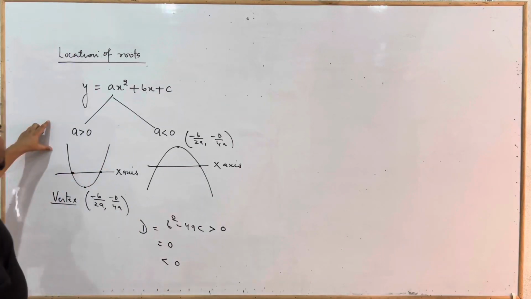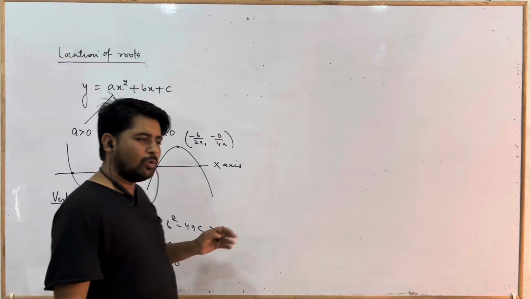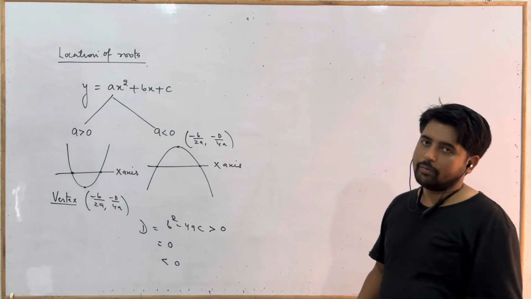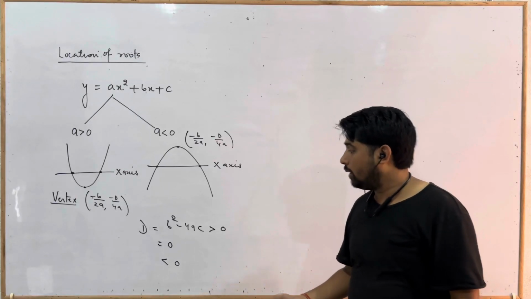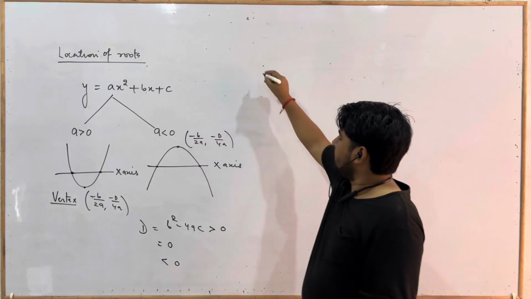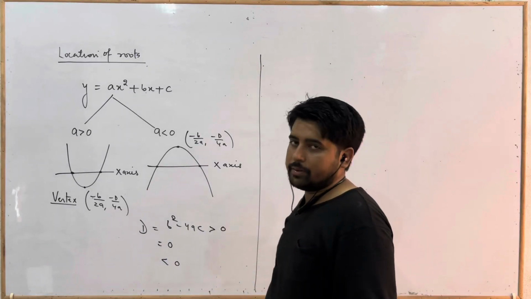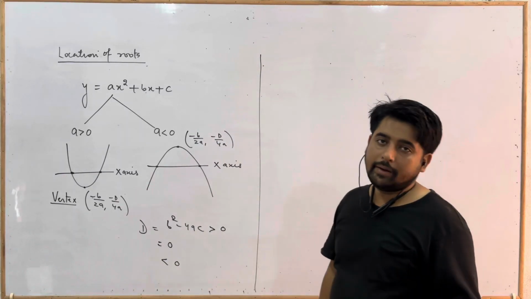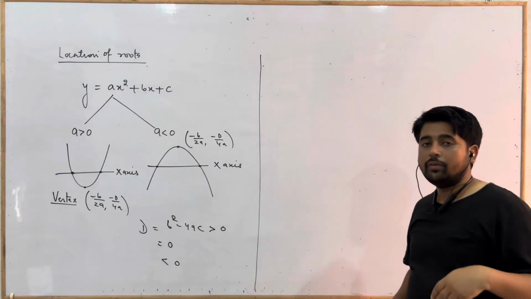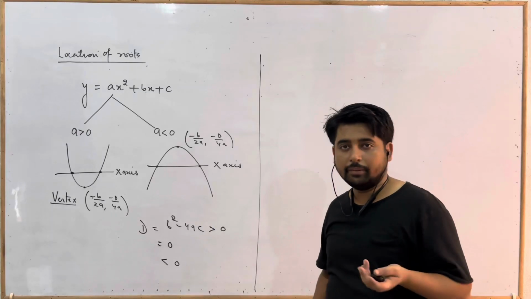So we have to have knowledge about two things: first, how to plot the basic graph, what is the case of upward parabola, what is the case of downward parabola, and how is the behavior of d. From the different cases, we are going to understand how we relate the roots of a quadratic equation with some numbers or number.